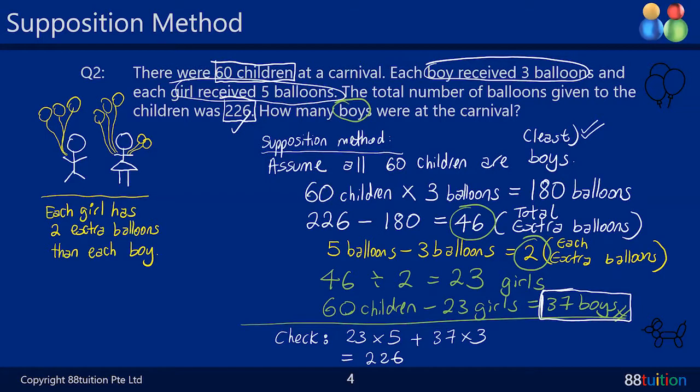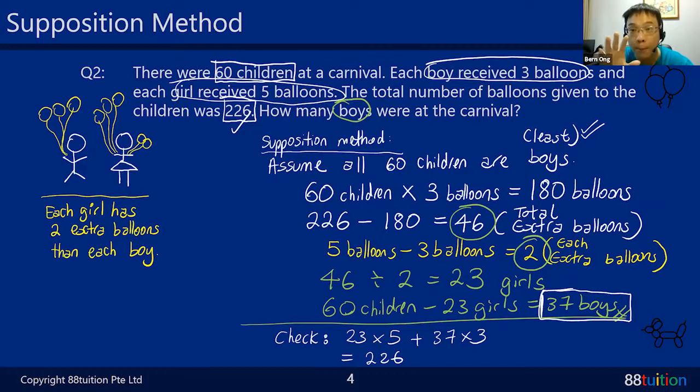The question is, is it like the supposition method, where we always assume all is the least? Yes, the least, as in the least value. So if you're comparing $2 and $5, you always take the $2.